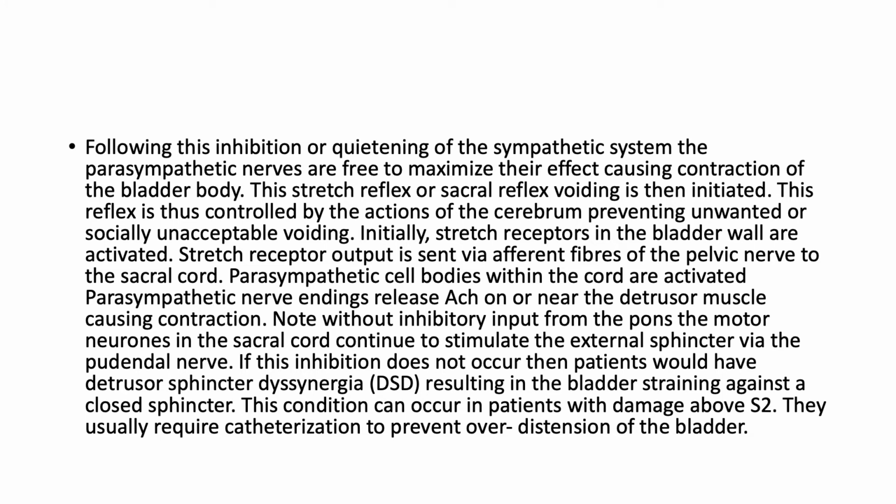If this does not happen, there will be a contraction of the detrusor against a closed sphincter, and this is called detrusor sphincter dyssynergia. This can occur in cases of injury to the spinal cord above S2, and these patients may require catheterization to prevent overdistension of the bladder.